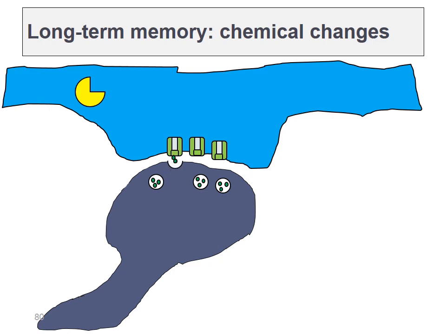If I release a little bit of neurotransmitter, this might cause a small graded potential, not one big enough to trigger a behavior. But with repeated stimulation, we could activate enzymes that could phosphorylate these ligand-gated ion channels and make them bind to the neurotransmitter more tightly.